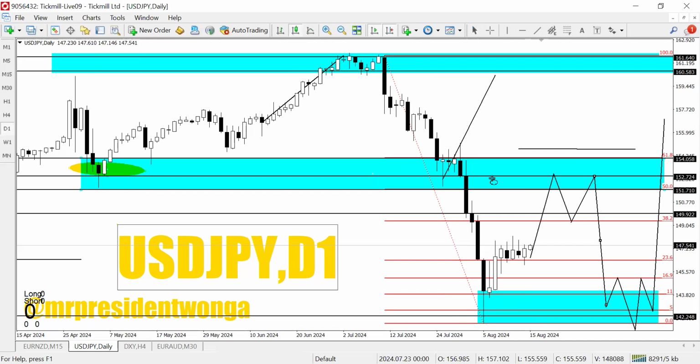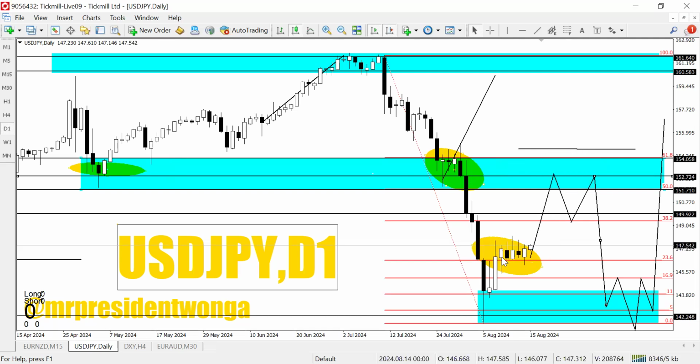But if this price of USD JPY, we see another movement here somewhere there, okay, we will consider it. If the price comes back here, we will take this level as a swap zone, okay? So where there was a demand has now turned into a supply. So that's my expectation.